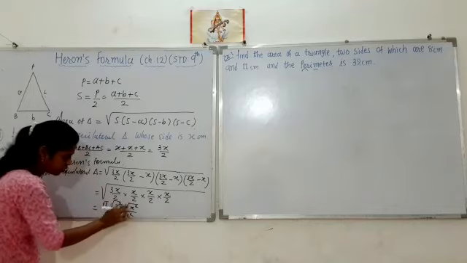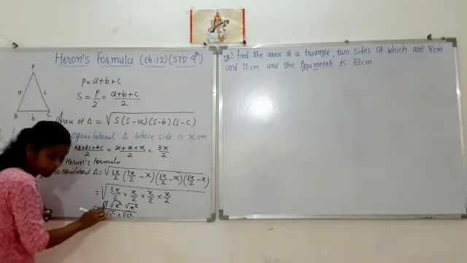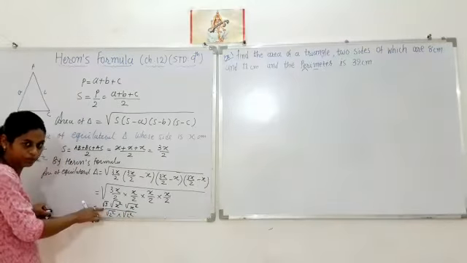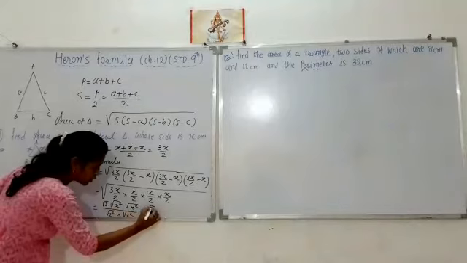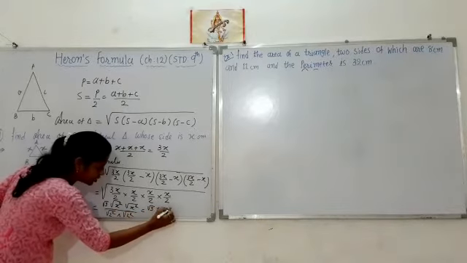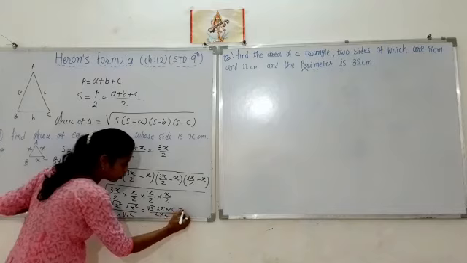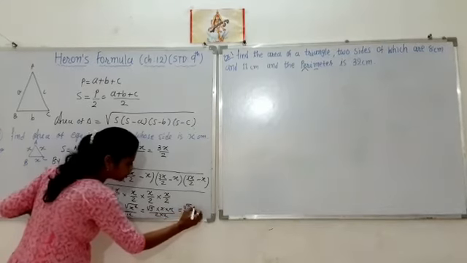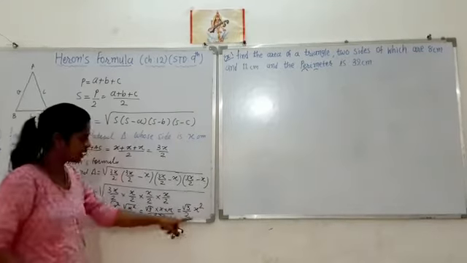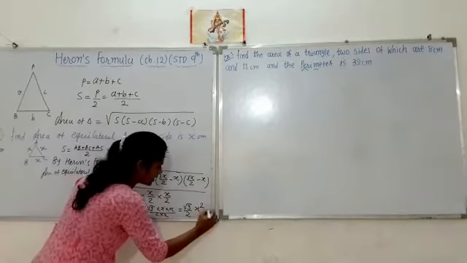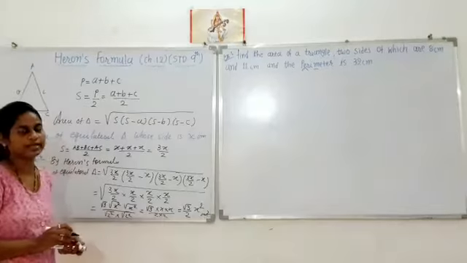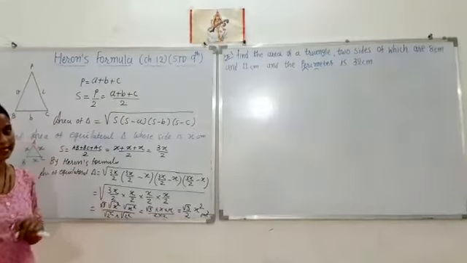Now the square root is removed everywhere, but not here, because this is not a pair of 2 digits. So you get root 3 into x divided by 2 into 2. Finally you get root 3 by 4 x square, and you can write its unit as centimeter square, because we know area's unit is either centimeter square or meter square.